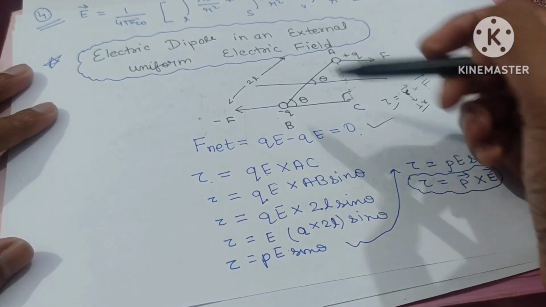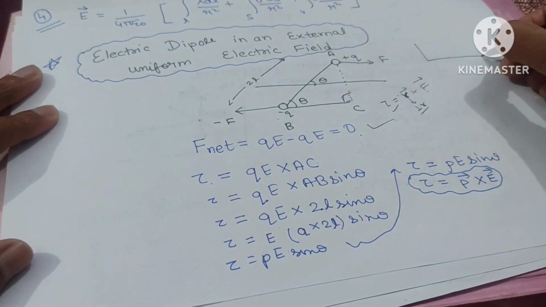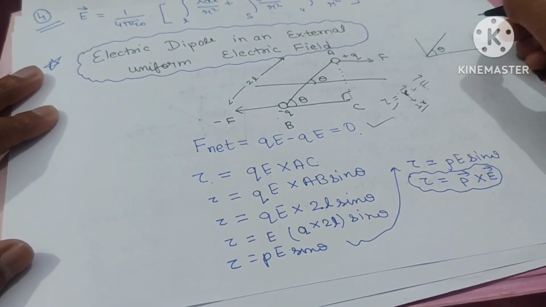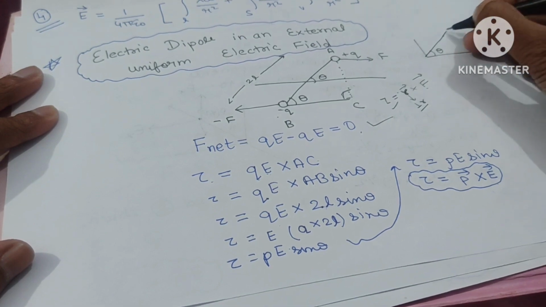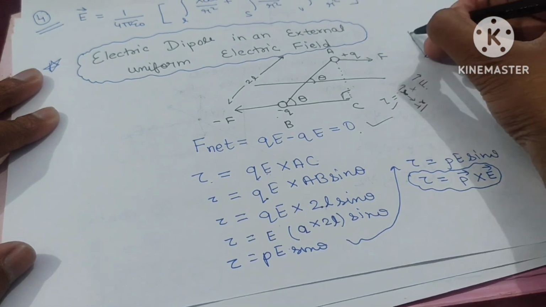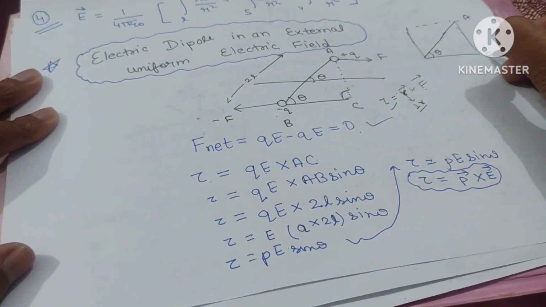If we take the component like this, with the angle theta, and make a kind of square, this is AC.